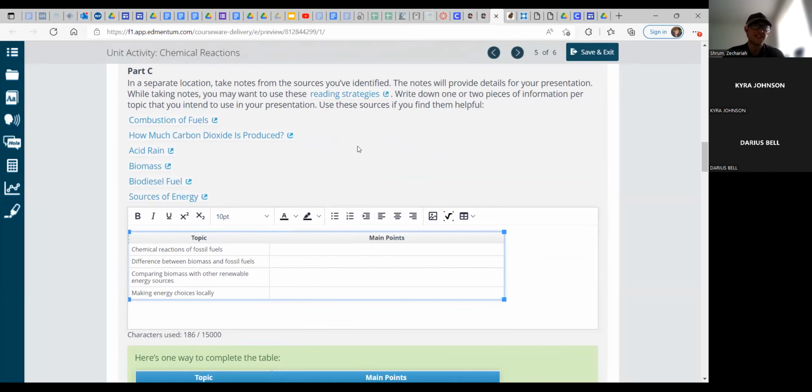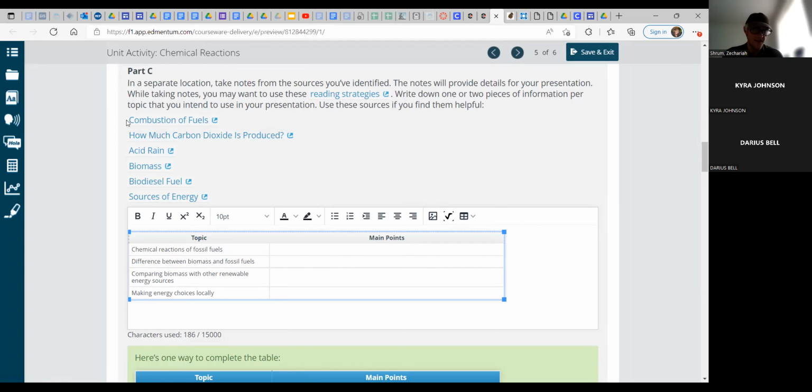And then part C is encouraging you to take notes from the sources we've just identified. So we picked those three sources, and then we're trying to answer these questions or try to talk about the main points for each topic.